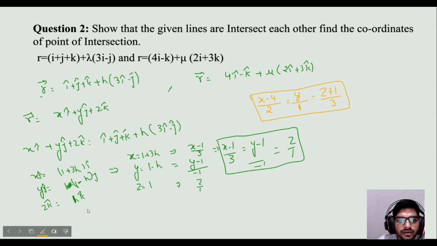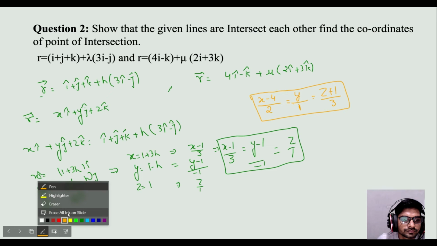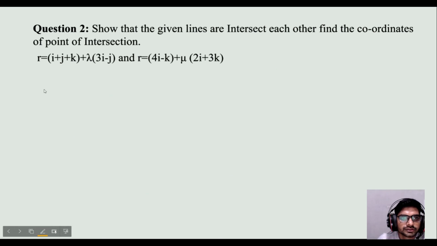Okay, the next approach, how we solve this easily.